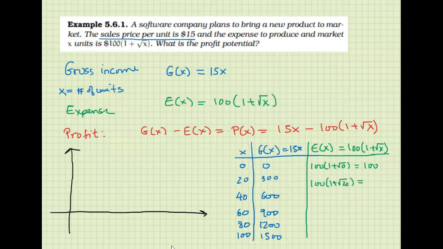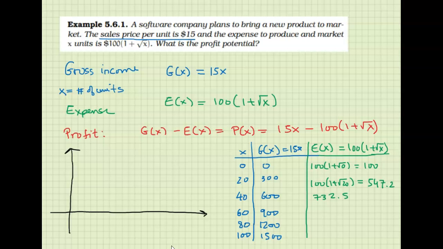Plug that in the calculator: $547.2. I'm going to skip writing this step, but for 40, we have 100 times 1 plus square root of 40, which is 732.5.